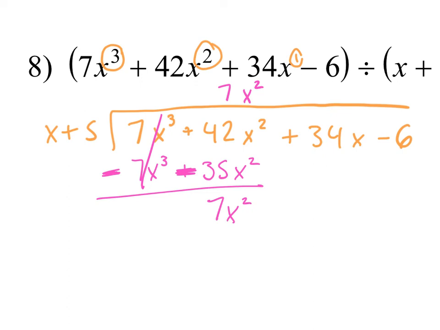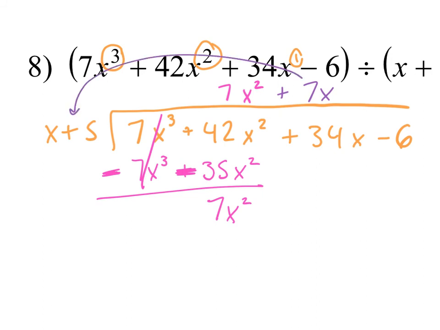What times x gives us 7x squared? 7x. Once we write it on top, what do we do? Multiply it to everything outside.